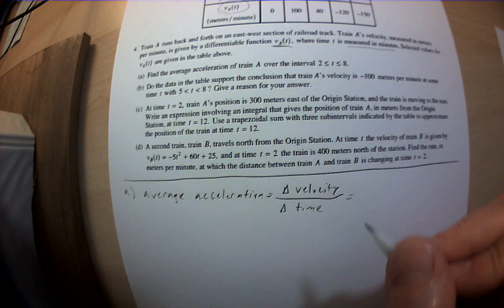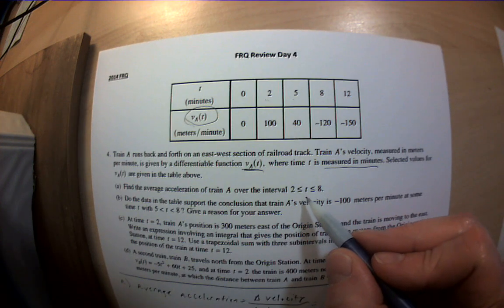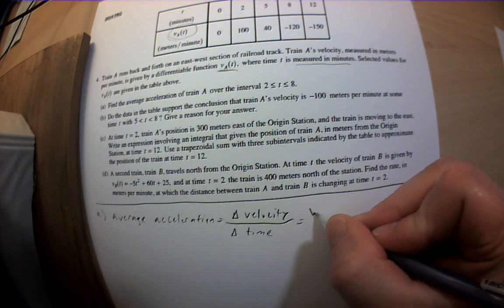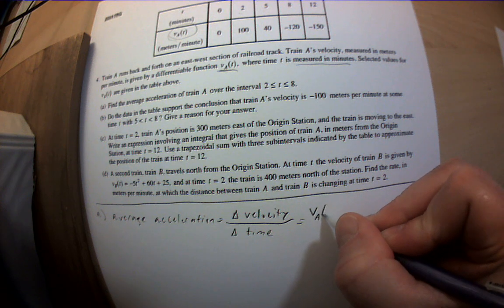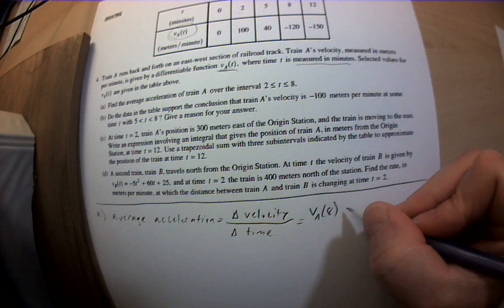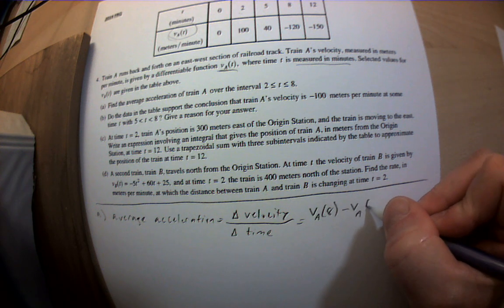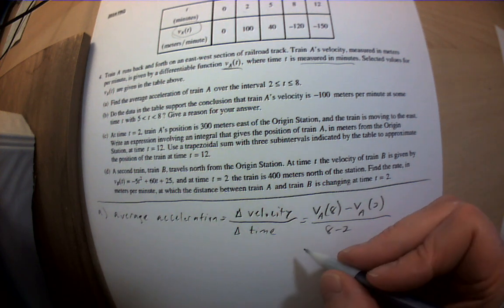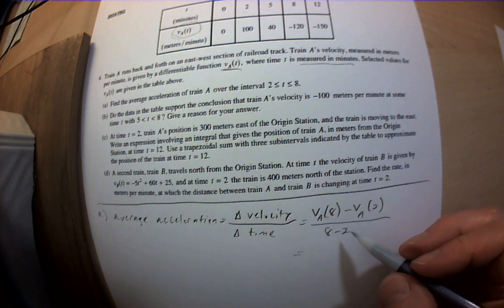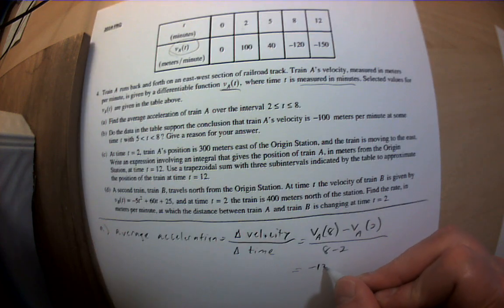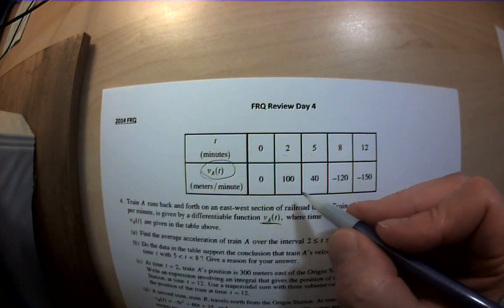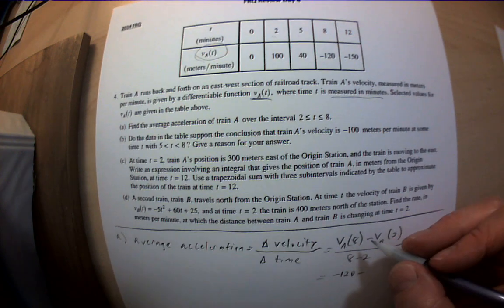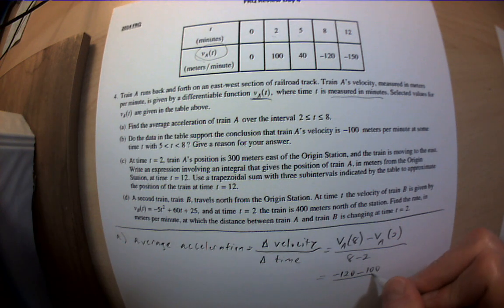Okay, and guys, they want it between times 2 and 8. So it's the velocity of train A at time 8 minus the velocity of train A at time 2 over 8 minus 2. So it's just at 8, it's negative 120 minus at 2, it's 100, over 6.